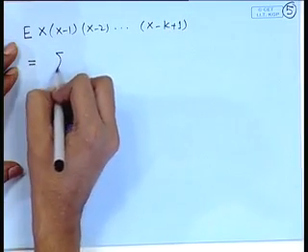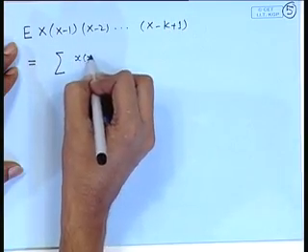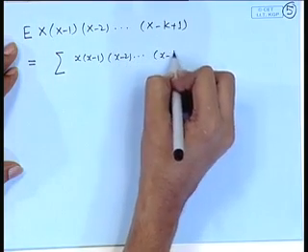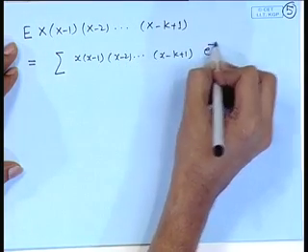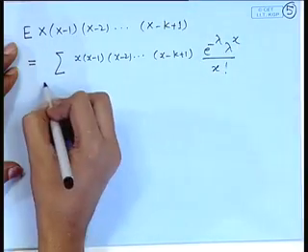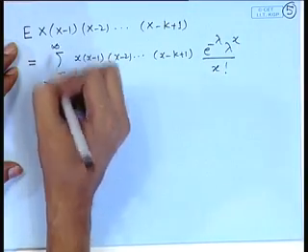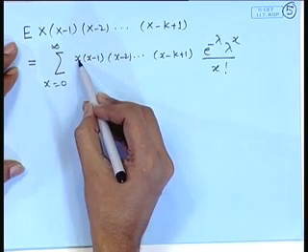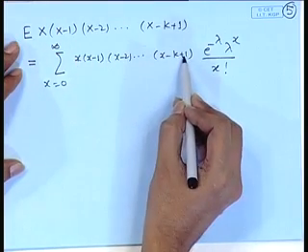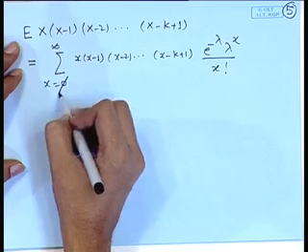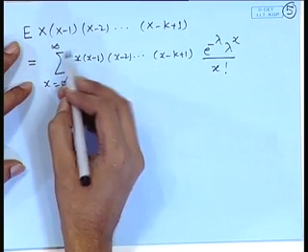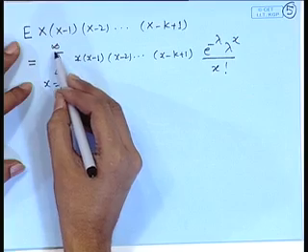So, this becomes summation x into x minus 1 into x minus 2 up to x minus k plus 1 e to the power minus lambda, lambda to the power x by x factorial, x is equal to 0 to infinity. So, noticing that for x is equal to 0, 1, 2 up to k minus 1, this term vanishes. This is basically an expansion from x is equal to k to infinity.